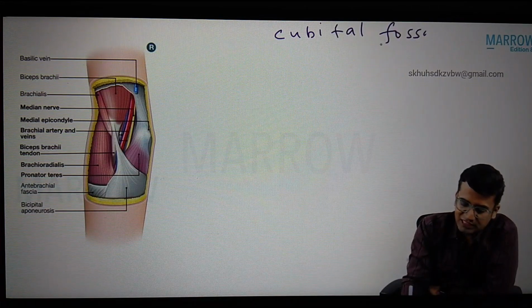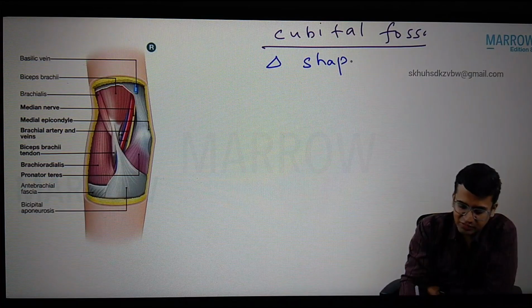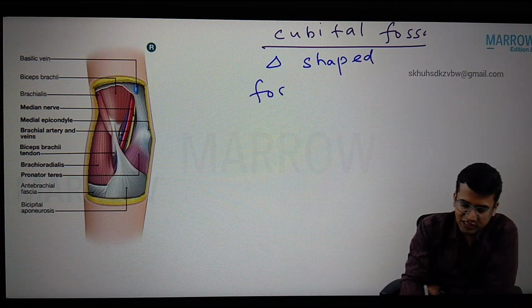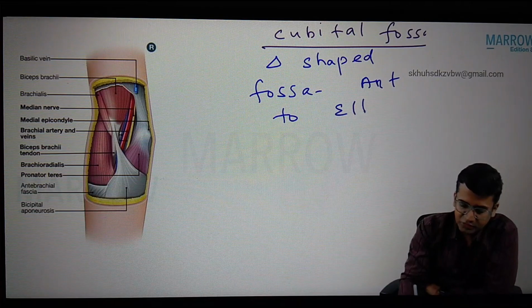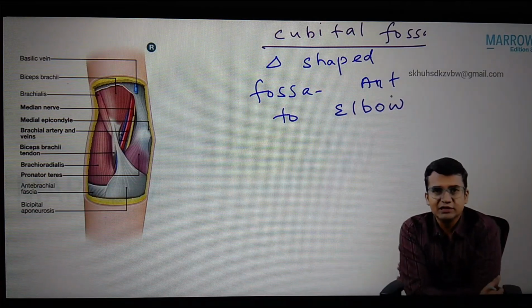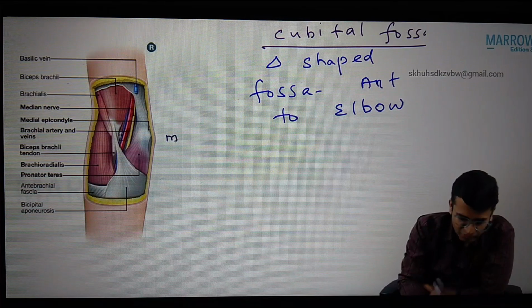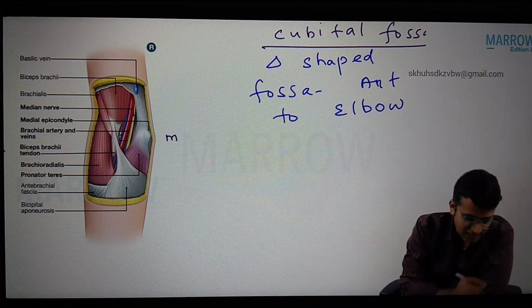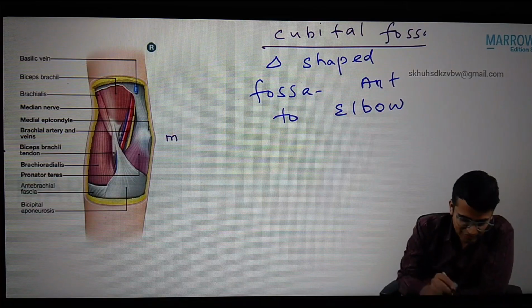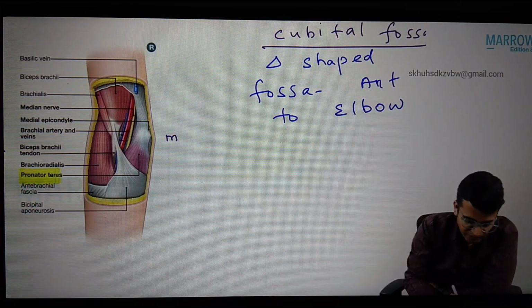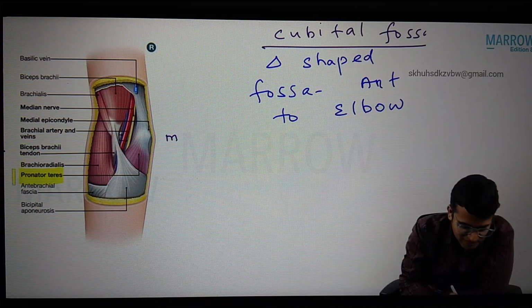Now the cubital fossa is the triangular shaped fossa anterior to the elbow joint. Boundaries: this is the medial boundary and this is the lateral boundary. Medially we have a small muscle, the pronator teres. Laterally we have the brachioradialis muscle.